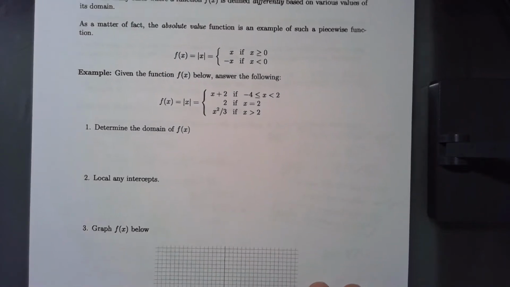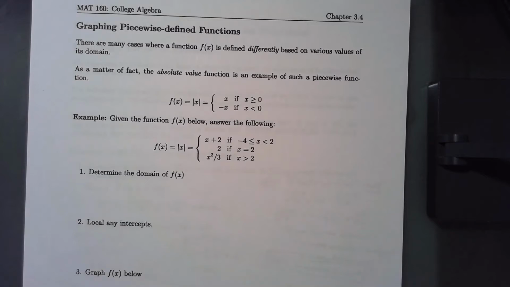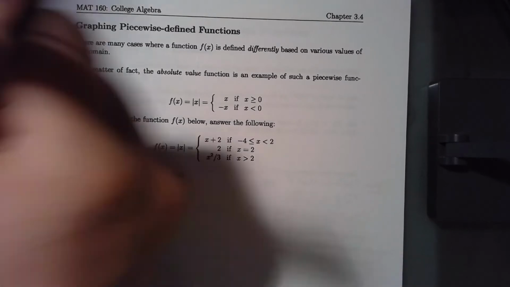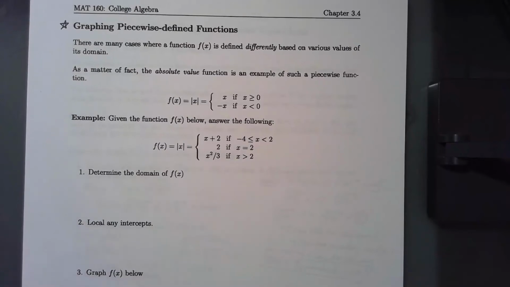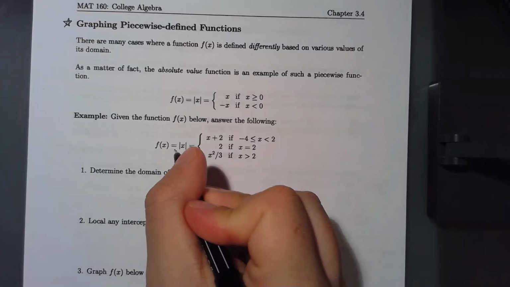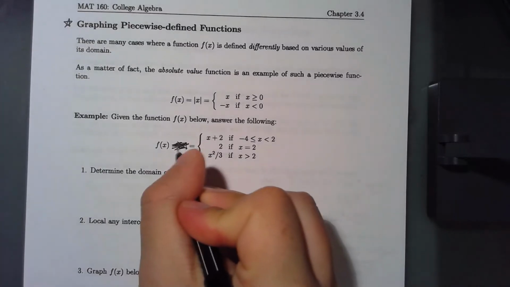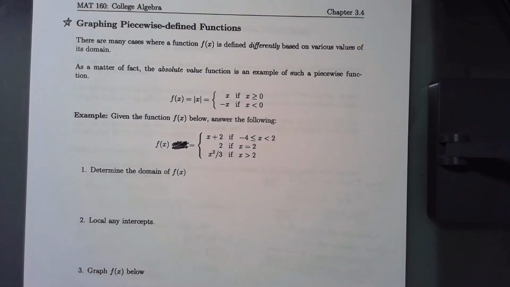But the last topic in this section is piecewise functions. And in my experience, when looking at piecewise functions, students tend to get confused with this. Actually, this is an error. Ignore that. f of x should just be this. f of x is equal to this.